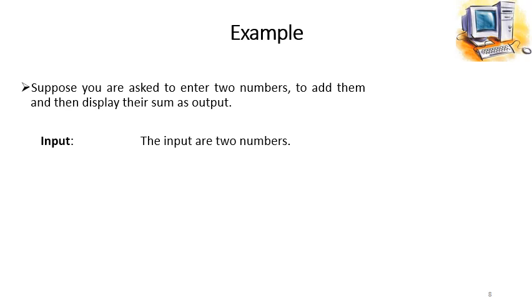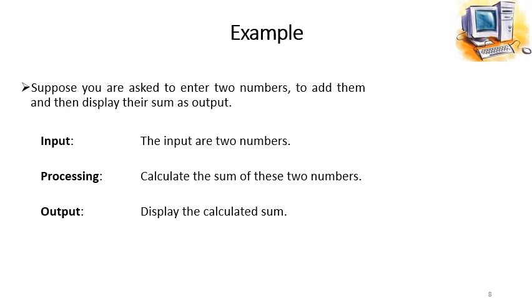To add them, now adding these two numbers requires some kind of processing. So that is our processing step. In processing we are calculating the sum of these two numbers, and then in output we display the calculated sum.